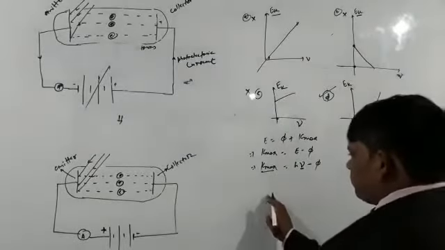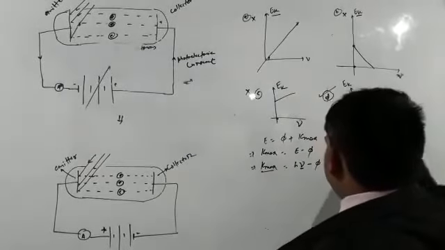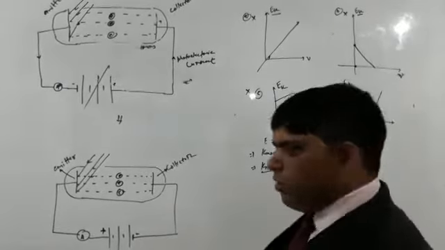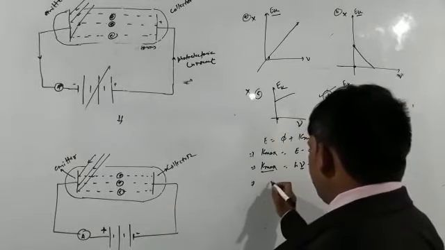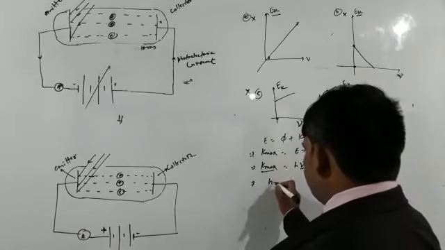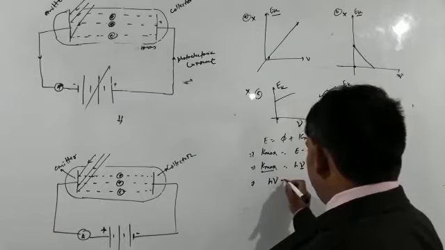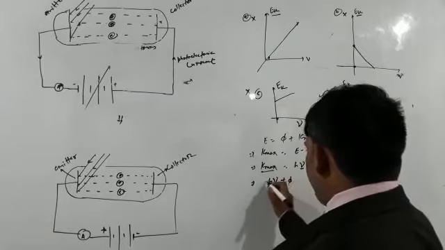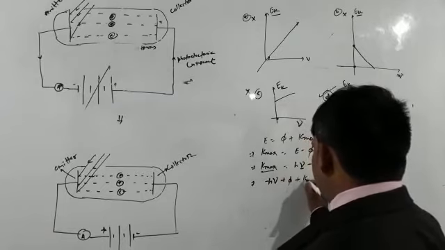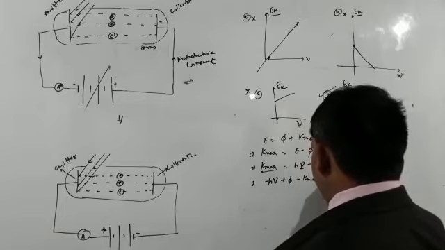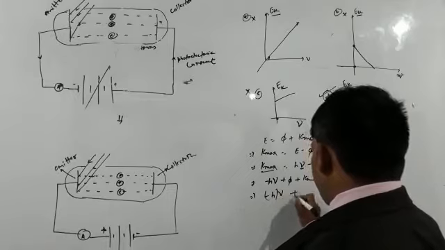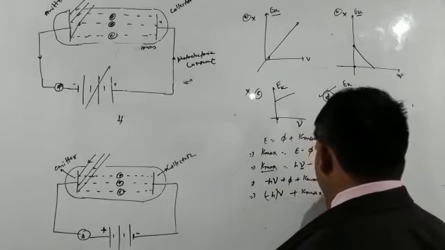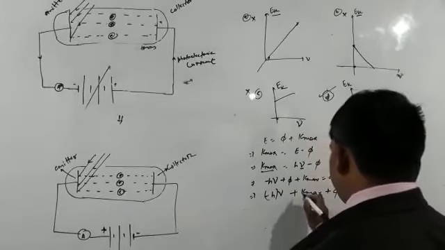Now we will also check whether this segment of the graph will be a straight line or not. So from this equation we can write h nu plus phi minus h nu plus phi plus K max is equal to 0. It means minus h nu plus K max plus phi is equal to 0.